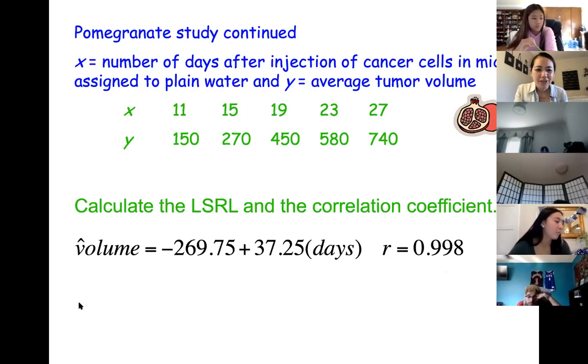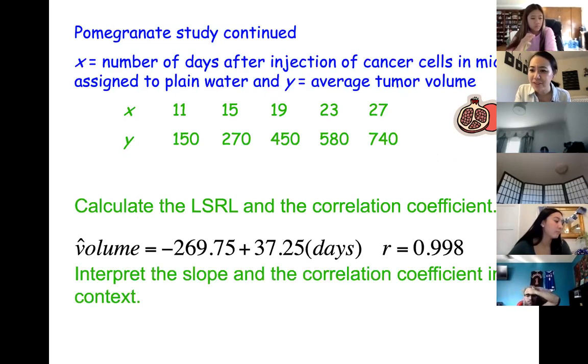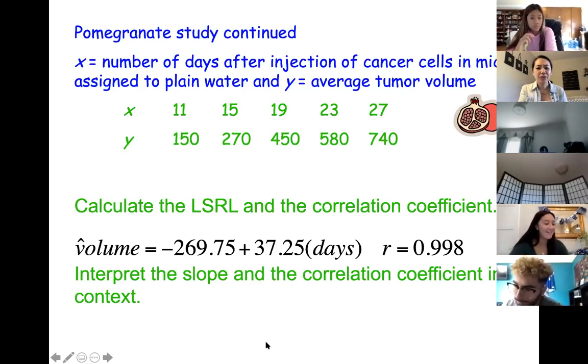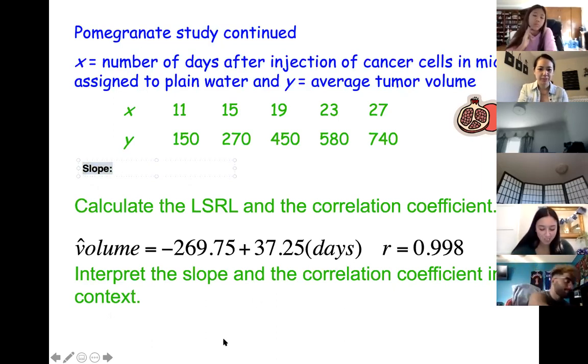All right. Let's get into this. Interpret the slope. When you interpret the slope, this is generally what you want to say. I'll write it up here in a brighter color.